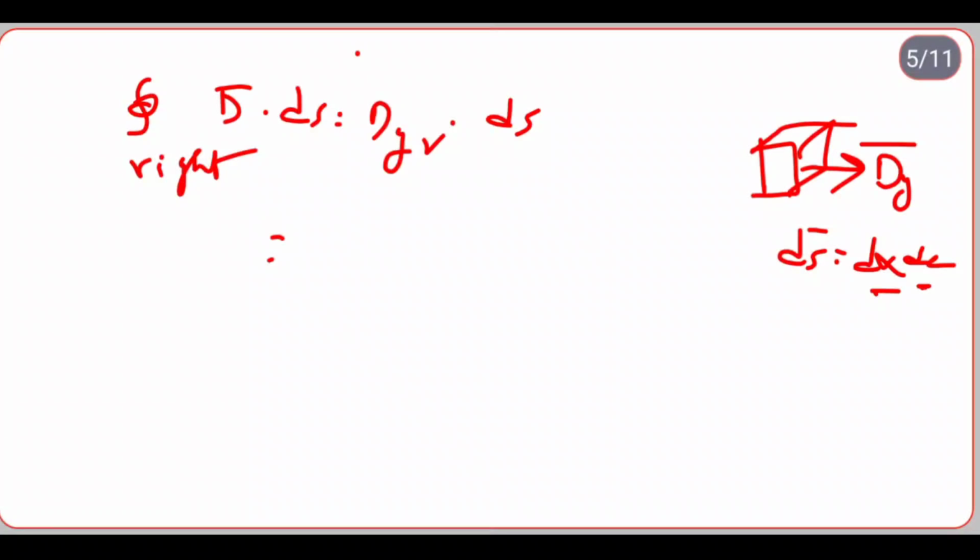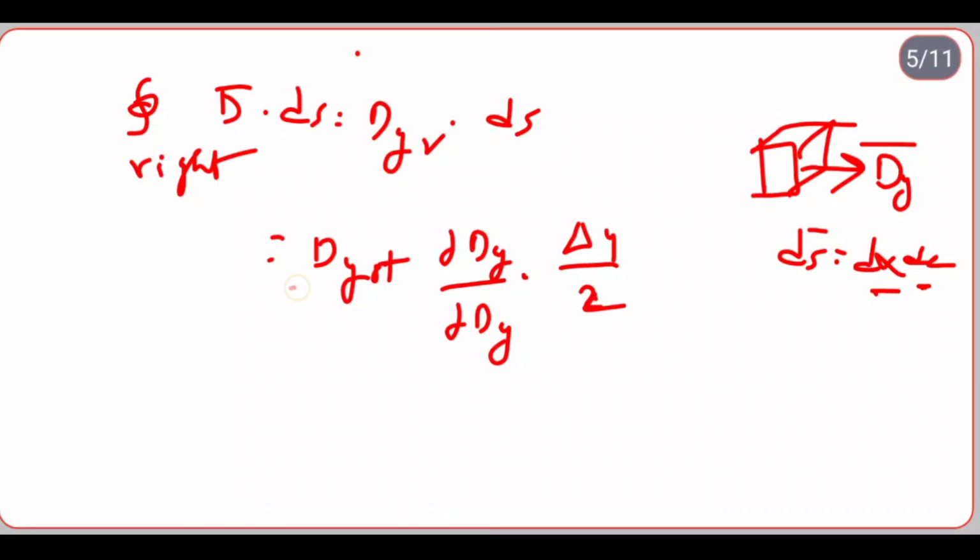Similarly we can write D initial point at Dy0 plus the change of electric flux density in the y direction, partial differentiation, into point P at a distance of delta y by 2. Similarly, previously we assumed delta x by 2. If you consider the left side, it will be negative and this will be cancelled. Finally, in the y direction we obtain dou Dy by dou y, delta x, delta y, delta z.